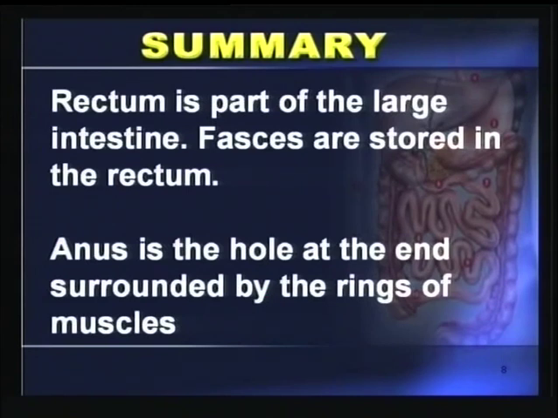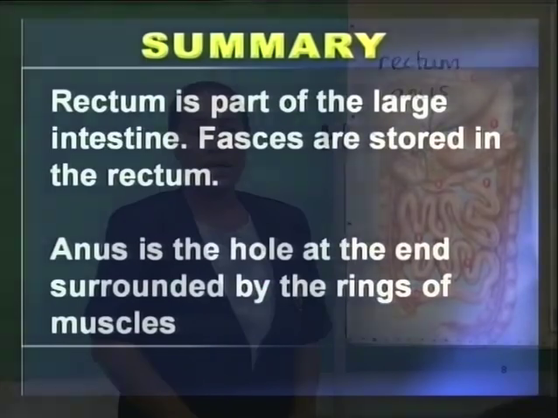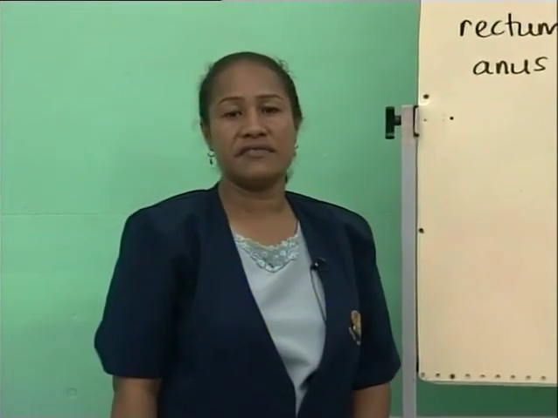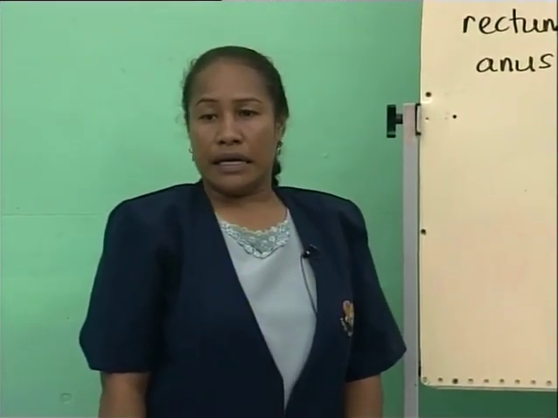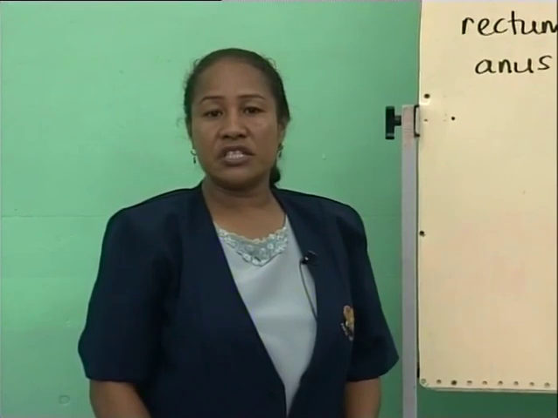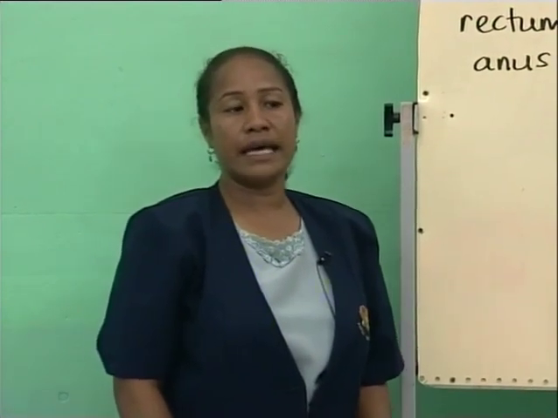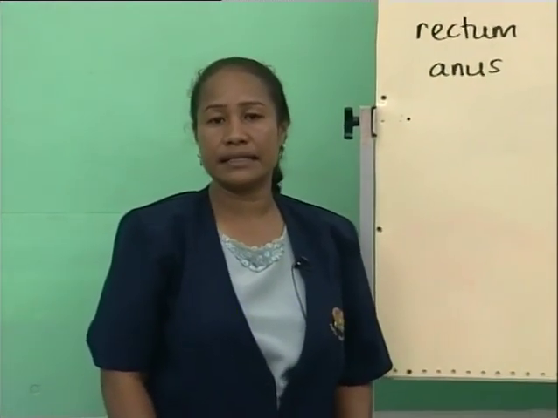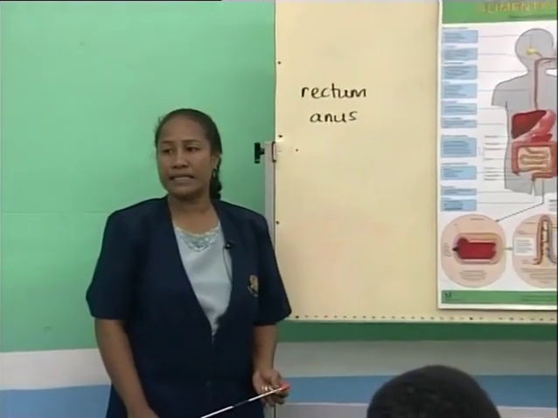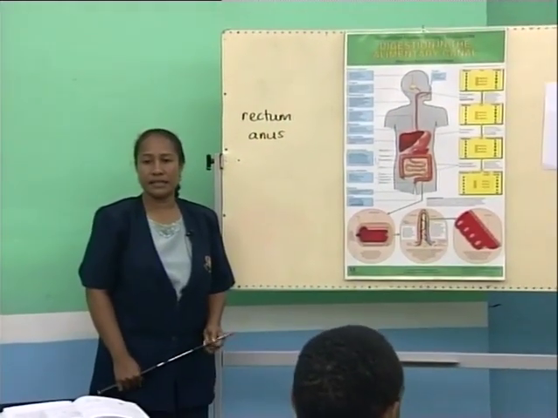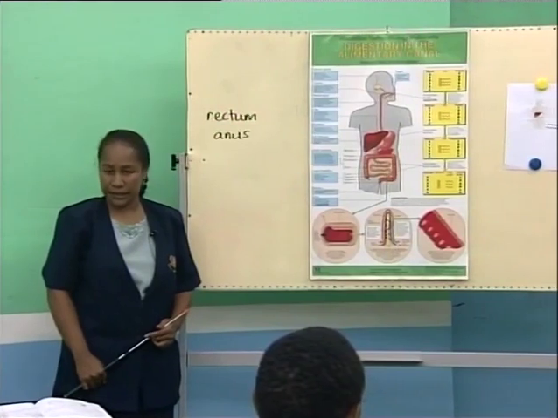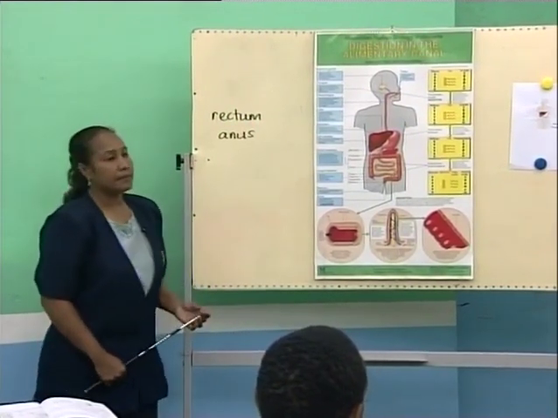Class, we have come to the end of our lesson on the human digestive system. I am going to now go through this chart just to recap on what we have learned so far in this couple of lessons and in today's lesson.